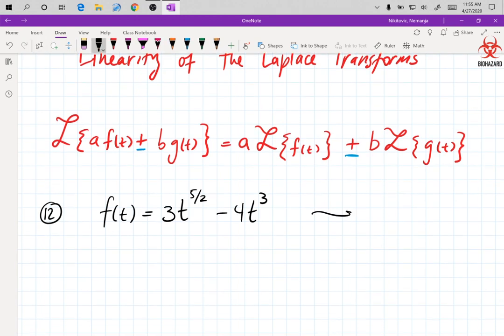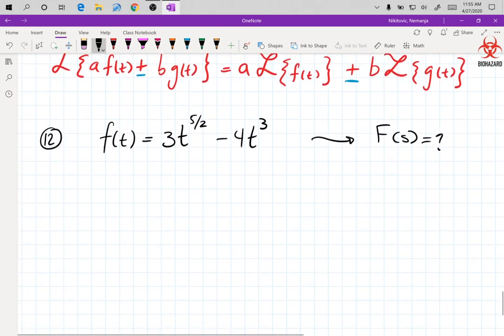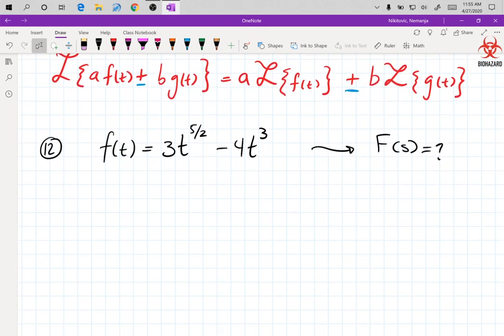So, we need to convert that into F of s, right? So, what should I do here? Well, clearly, I am not going to go through calculations with integrals and stuff. I'm just going to use the table because I want to work on the red formula, not do the definition again.